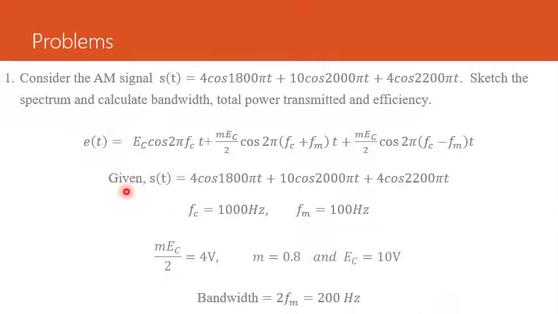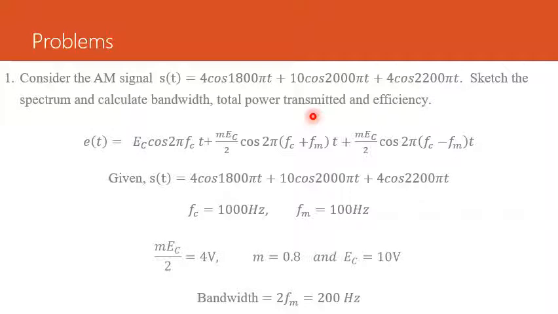The first question is, consider the AM signal s of t is equal to 4 into cos 1800 pi t plus 10 into cos 2000 pi t plus 4 into cos 2200 pi t. Sketch the spectrum and calculate the bandwidth, the total transmitted power and efficiency.